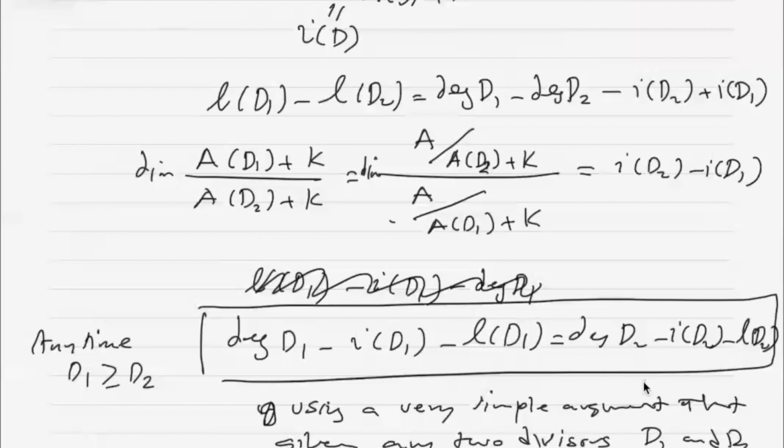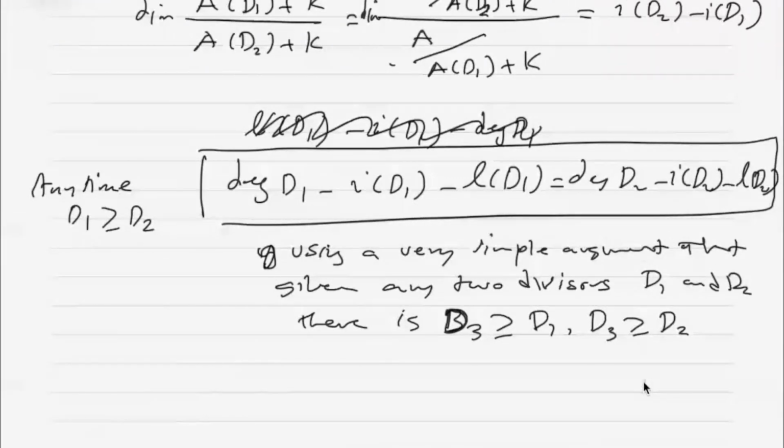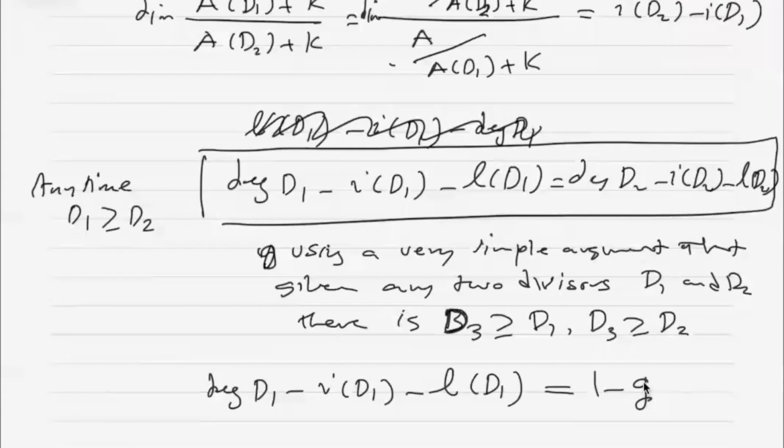So that means that this is an invariant, which is equal to some number. And what this number should be, well, it had better be something related to the genus. This is defined to be 1 minus g.